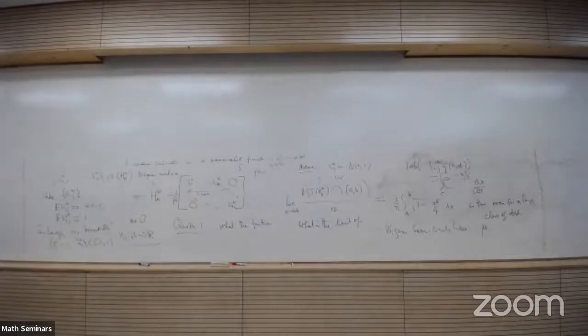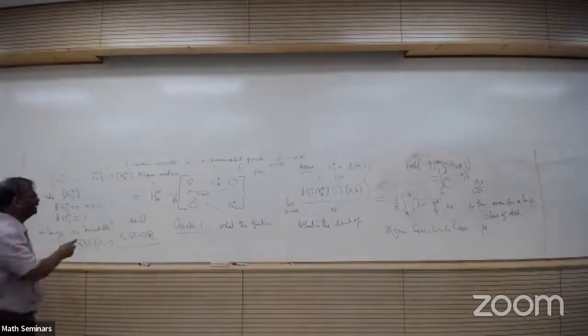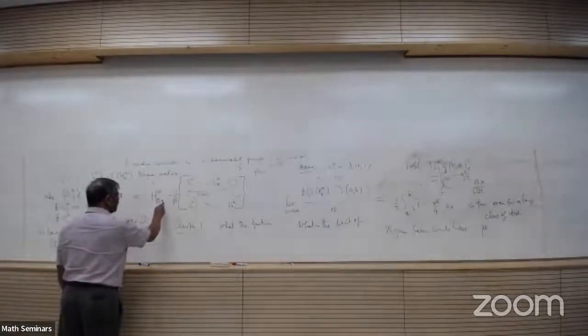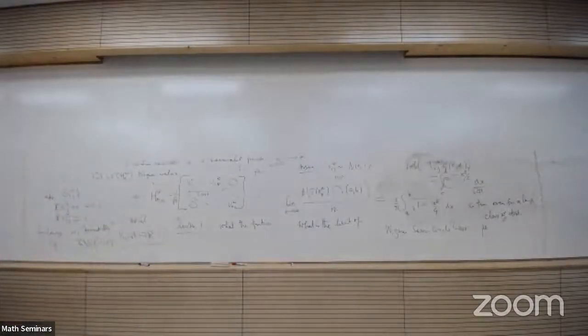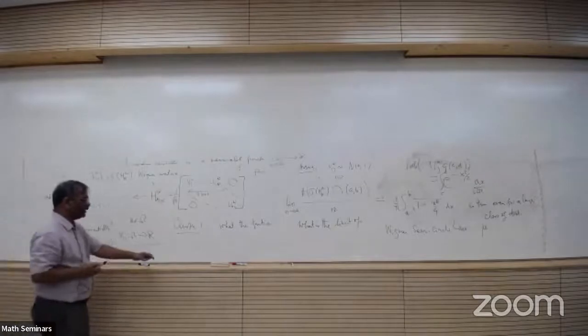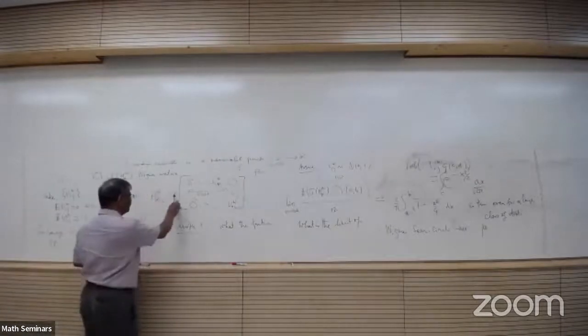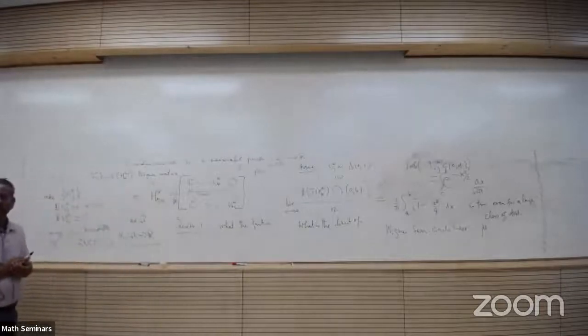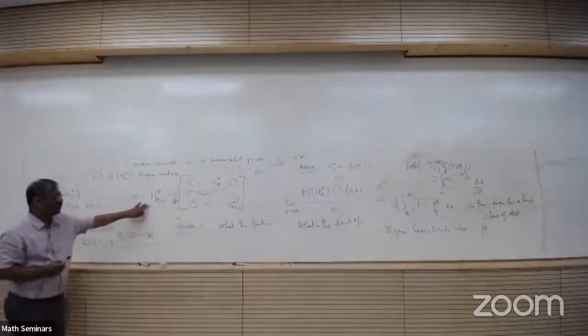You take a band of entries around the diagonal and call this H sub n, comma W, and you normalize by square root of W instead of n. Then such a matrix is called a random band matrix.